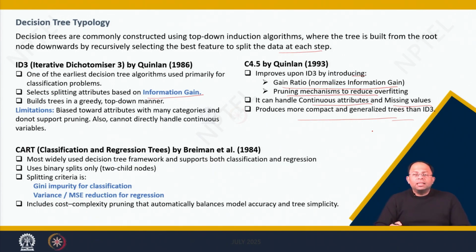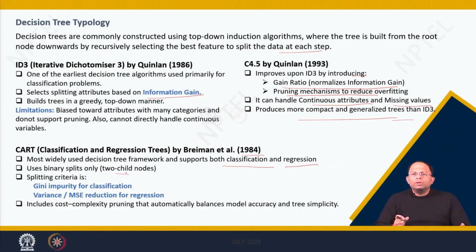Then there is another algorithm which is very popular, particularly in machine learning, that is CART, Classification and Regression Tree, by Breiman et al. in 1984. This is the most widely used decision tree framework. Why is it? Because it allows both classification and regression. Instead of splitting as per classes, it does binary splits.